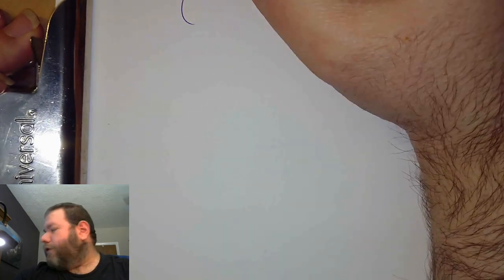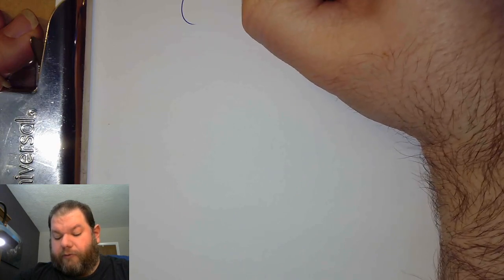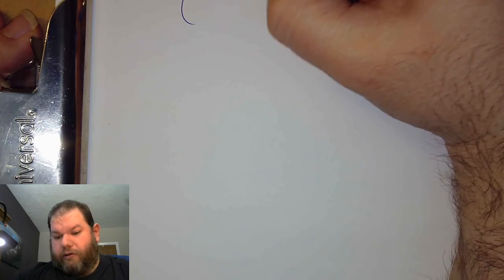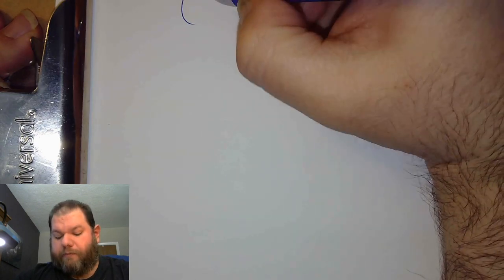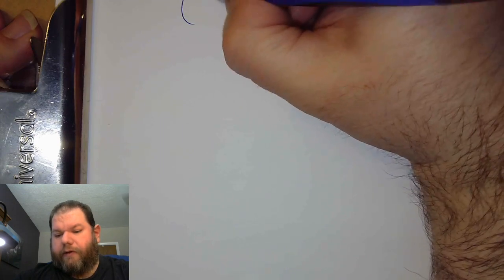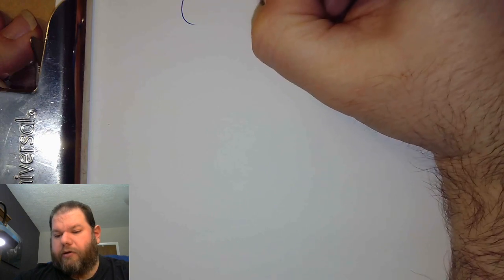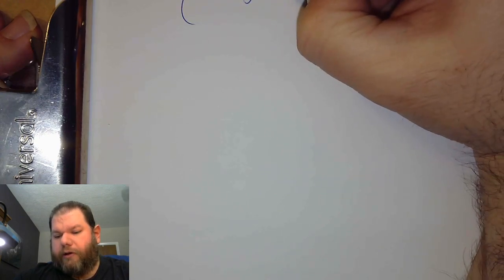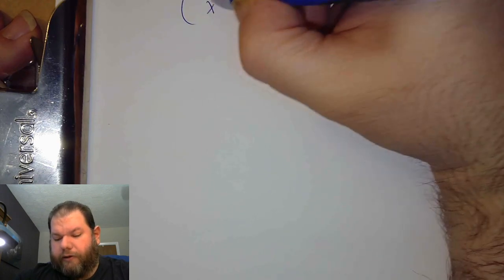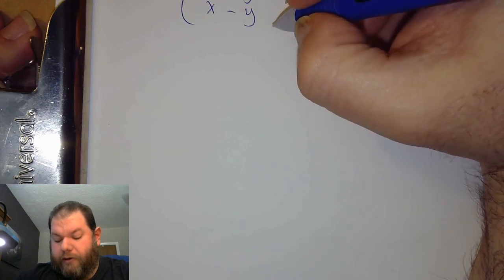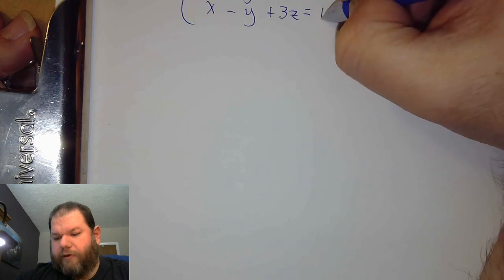So for 34, and I'll move the paper in a moment, so please bear with me. 2x plus 2y plus 2z is equal to 6. 3x minus 3y minus 4z is equal to negative 1. And x minus y plus 3z is equal to 11.